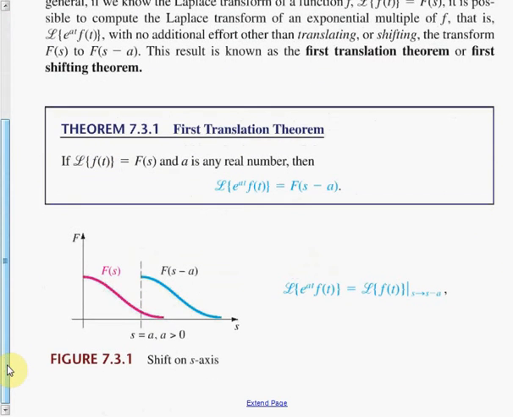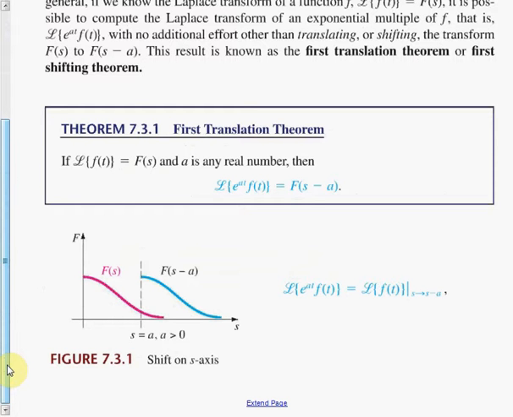It would work itself out in that you are making a shift from the so-called center at A, and so we're going to shift from s to s minus a. Now what does that mean? It means this: if I take the Laplace transform of a function, some f of t, doesn't matter what it is, times e to the at, you take the Laplace transform of the function, and then you translate the result.